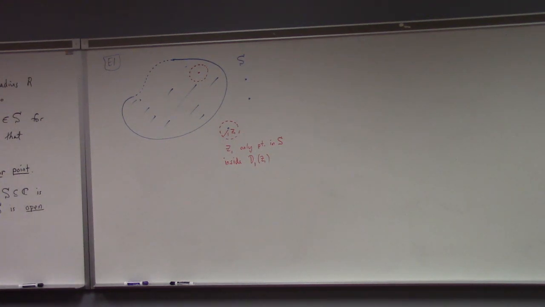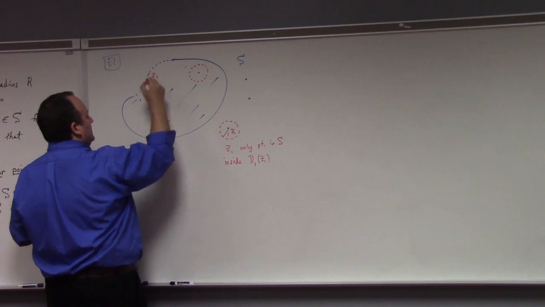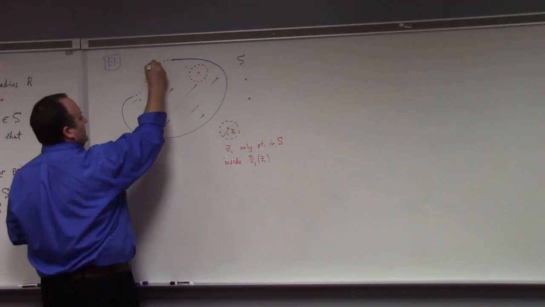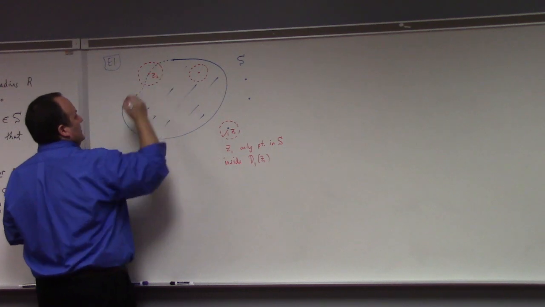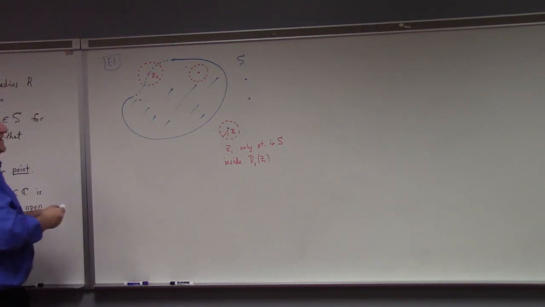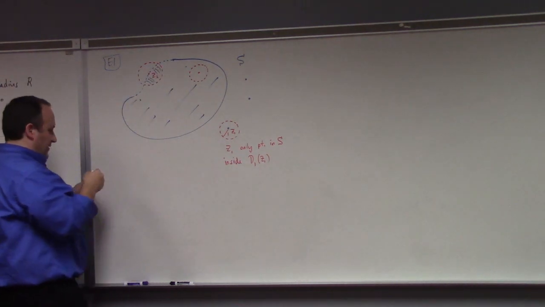That's all there. How about this point here? Let me call this thing Z2. What's the deal with Z2? If we take any open disk around Z2, I'll just draw it for the sake of us seeing it, you see what's going on with that? Well, you've got some points inside S, right? Inside, and what else do you got?